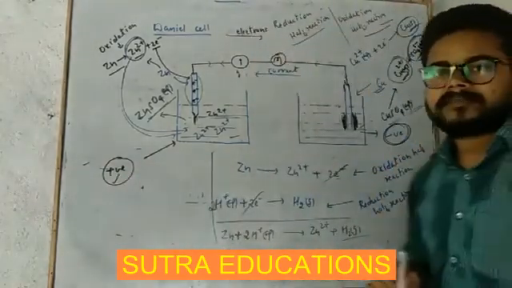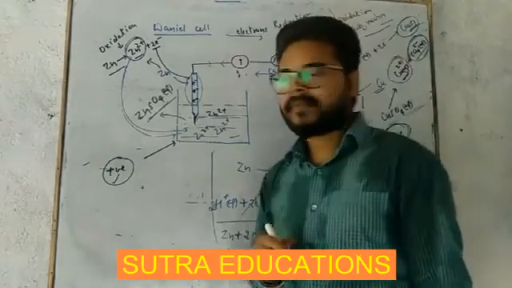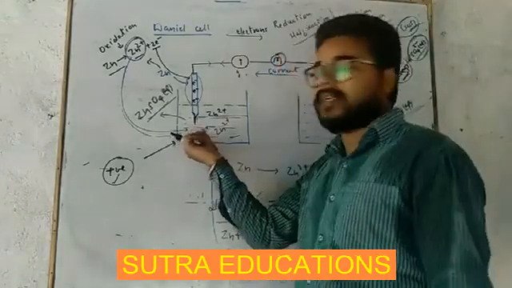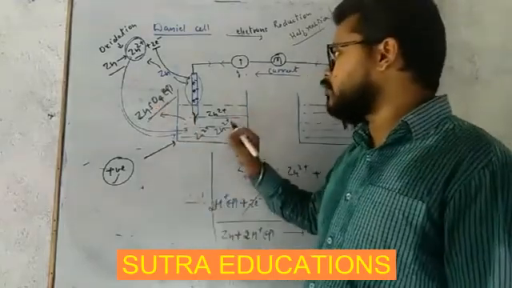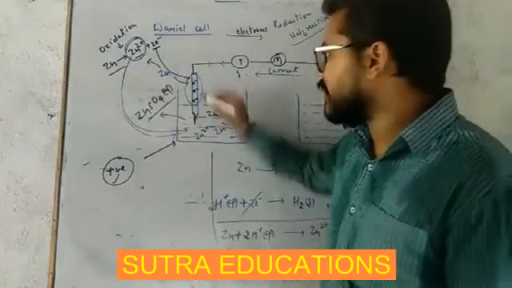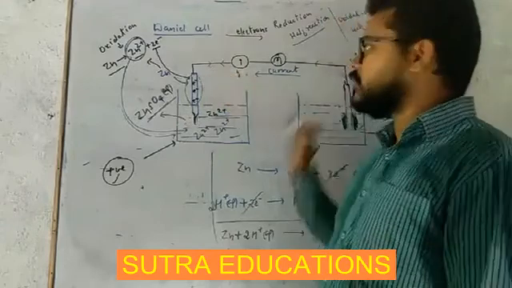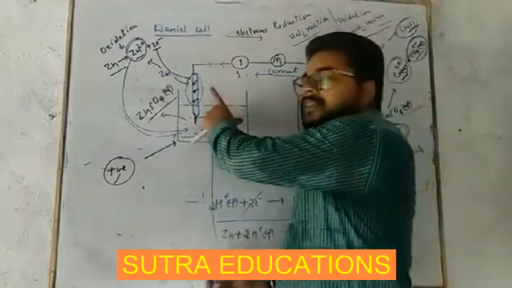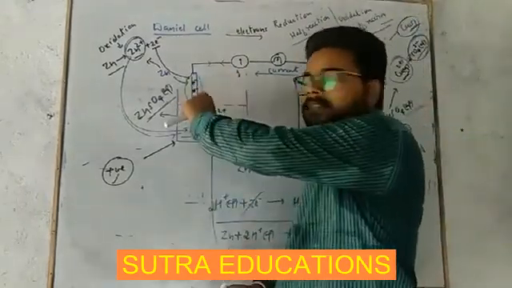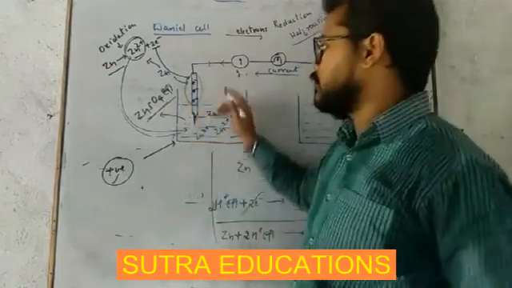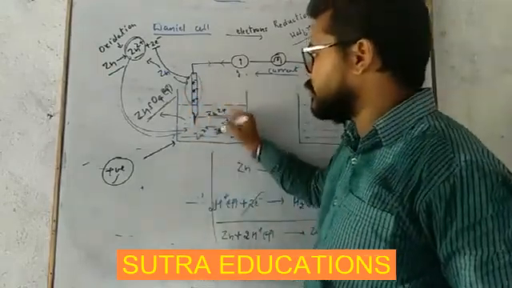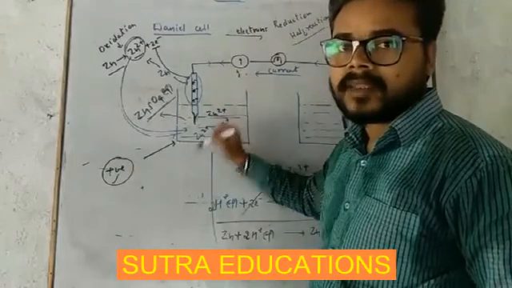This is one thing. Then the second thing: if the concentration of Zn2+ ion is more here, then this Zn2+ will oppose the transfer of electrons from this container to this container, because it is positively charged and the electron is negatively charged. So this Zn2+ will oppose the flow of electrons. It will start attracting these electrons. Getting this?